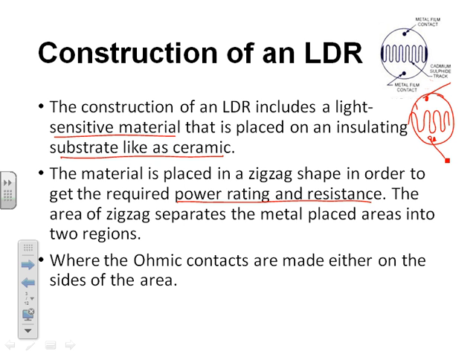This zigzag shape is used to get the required power rating and resistance, and the ohmic contacts are made on either side of the area. So the photosensitive material coated on this ceramic disc is divided into two portions using this zigzag pattern, portion 1 and portion 2, in order to get proper power rating and resistance.